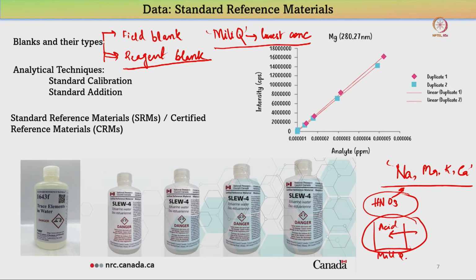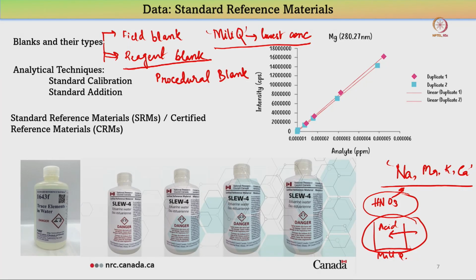And similarly, there is also something called a procedural blank. Procedural blank: every sample preparation might be a single step or there might be multiple steps involved. Add this, then heat this, then evaporate, again add this, again evaporate, again add this, again heat it, evaporate this.